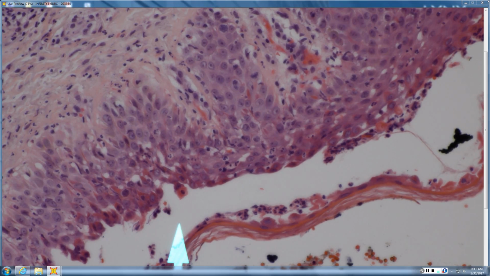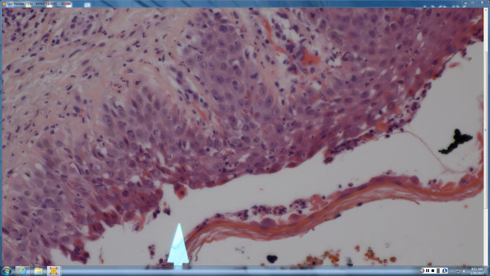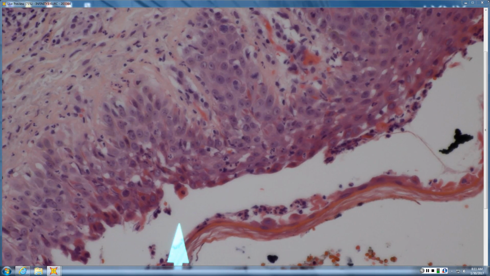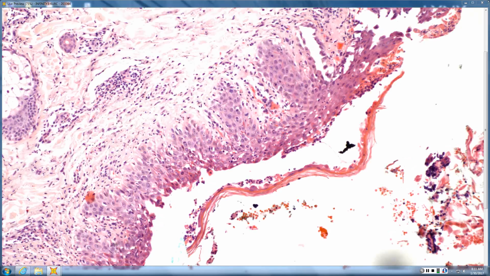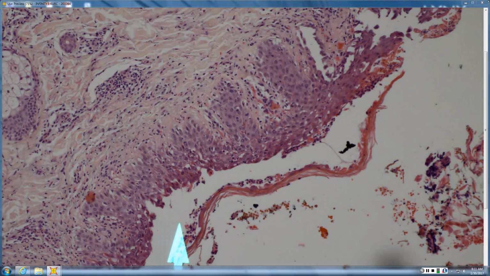Pemphigus foliaceus. And then the other one is IgA pemphigus, a subcorneal pustule, sometimes with acantholysis. So IgA pemphigus, pemphigus foliaceus, staph scalded skin, bullous impetigo. That's kind of your differential for this level of split.